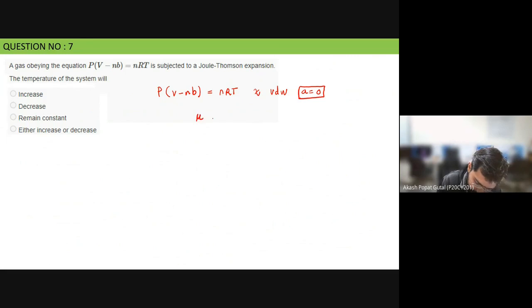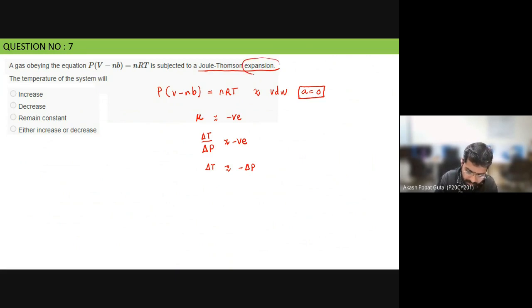Mu is actually negative, which means del T by del P is actually negative, and delta T is negative delta P. What is happening here is Joule Thomson expansion.